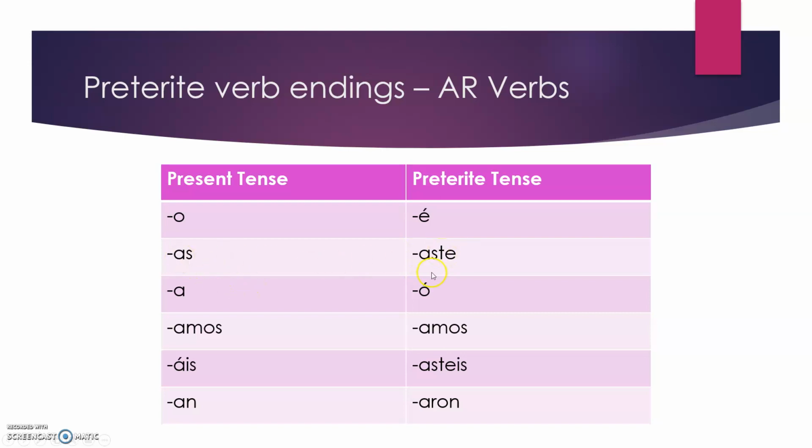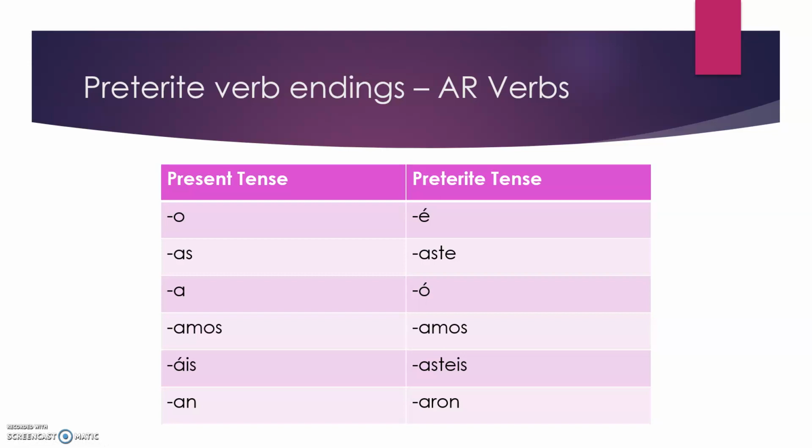So there are several connections, but there's also some that look a little unfamiliar, like yo going with e, okay, and él and ella going with o. That's kind of a switch compared to the present tense. So make sure you keep an eye on those especially.